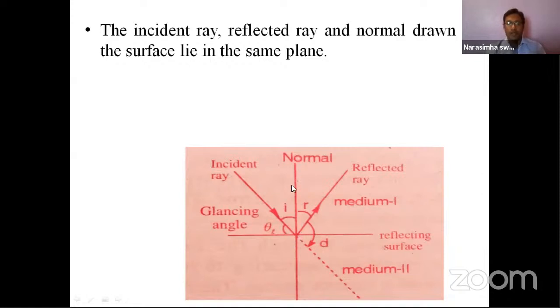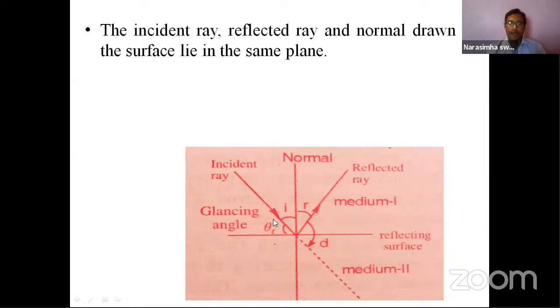Now, the light ray is incident at an angle I with the normal. Originally the light ray would go in this direction. But due to the property of light, when it is incident on this reflecting surface, it comes back into the same medium, and after incidence on this surface, the light ray is named the reflected ray.